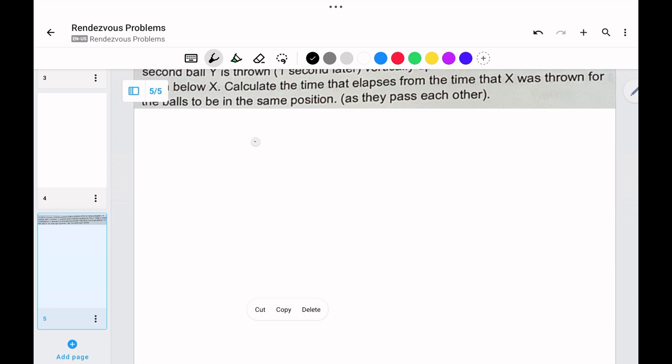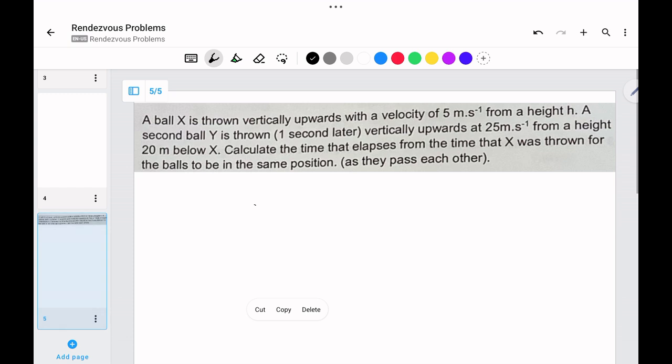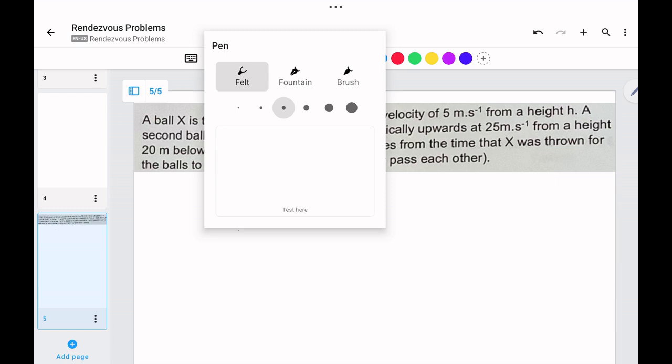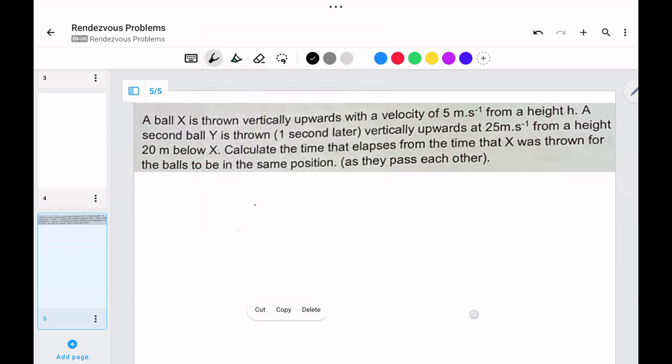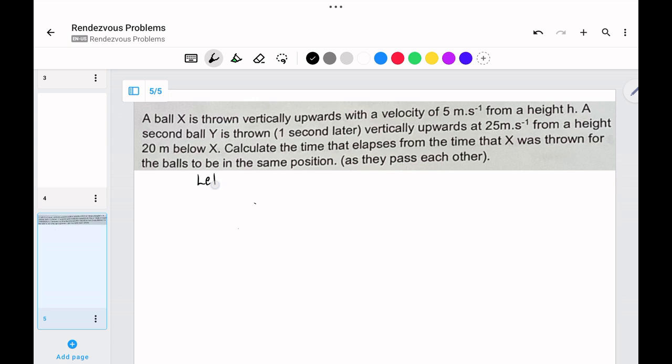Let ball X be ball 1 and Y be ball 2. I'm not looking to confuse myself or anyone else. That's why I'm doing that.